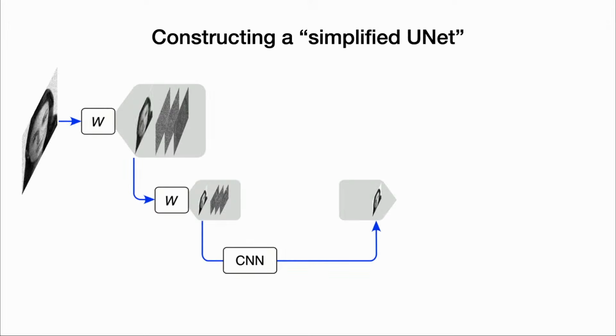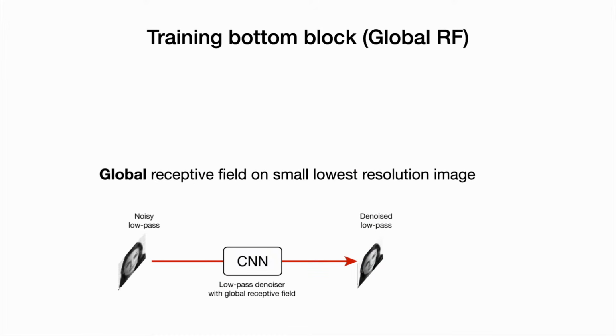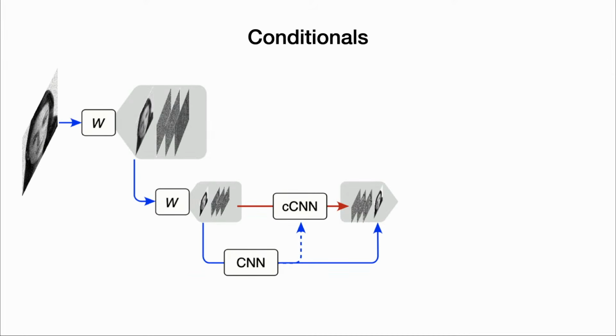Now we want to train this model. First we want to train the bottleneck. This is just a neural network that takes the low pass image, the small thumbnail image, and denoises it. It takes the noisy version and denoises it. The only important thing is that we want the receptive field of this network to be global, to encompass the entire small image. After that is trained, we train the next scale, the conditional one, the one that has the skip connection.